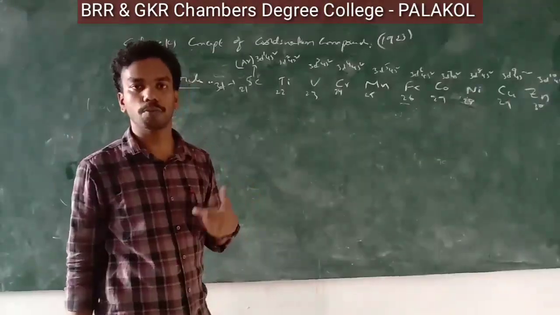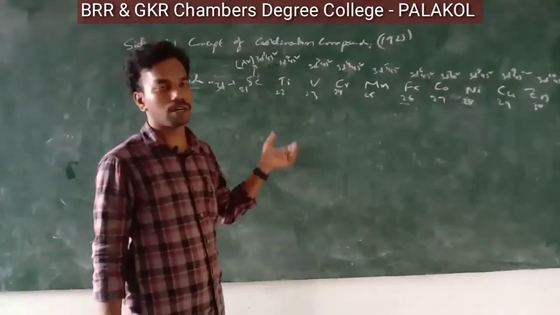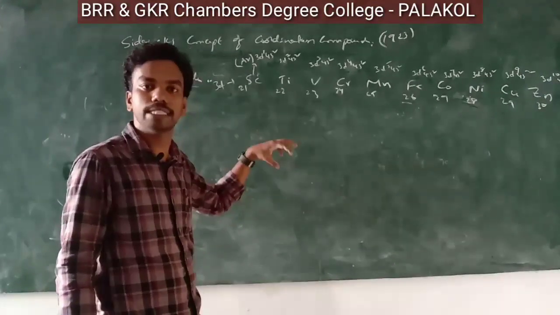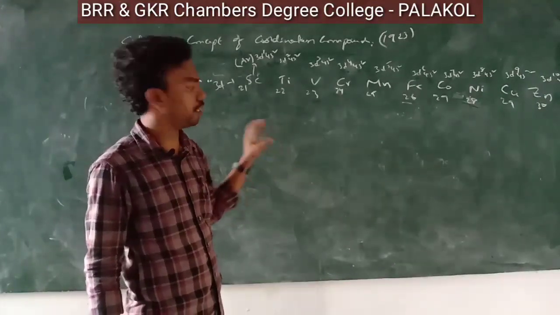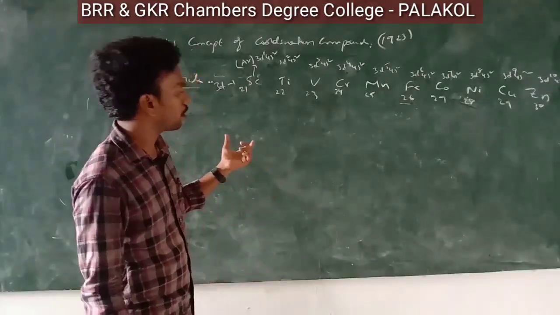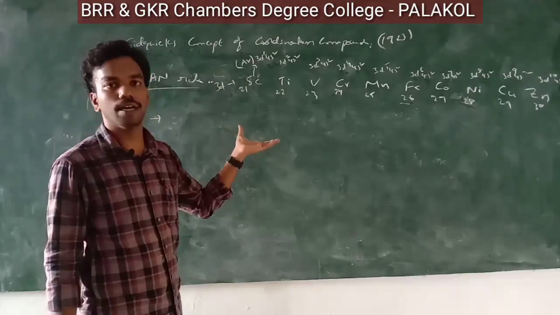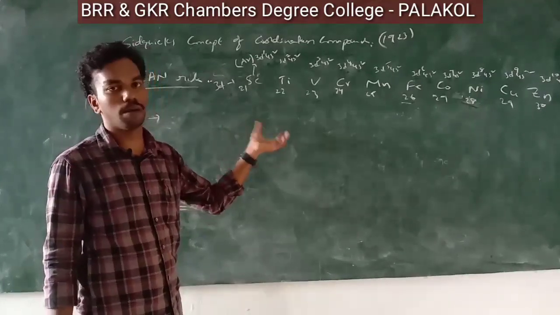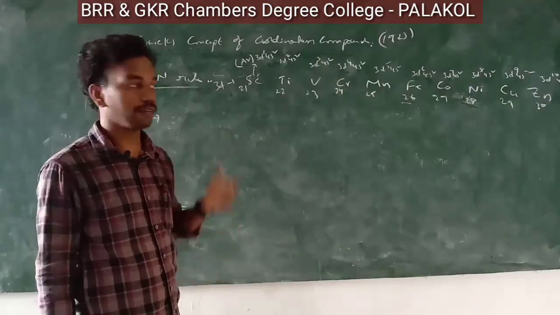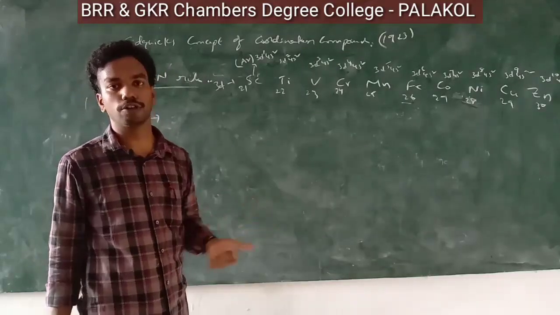The electron density over the metal atom increases because the 6 ligands are donating 6 lone pairs of electrons. This is not conducive to the electropositive nature of the metal, and that lowers the stability of the complex. That is the first drawback.